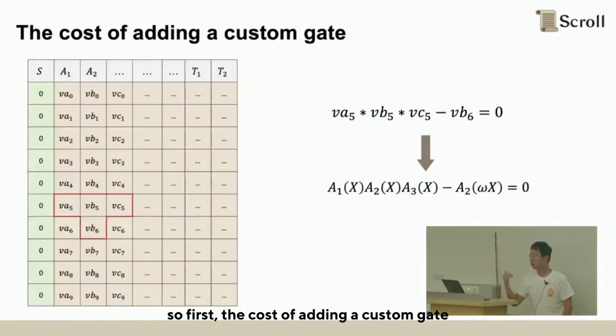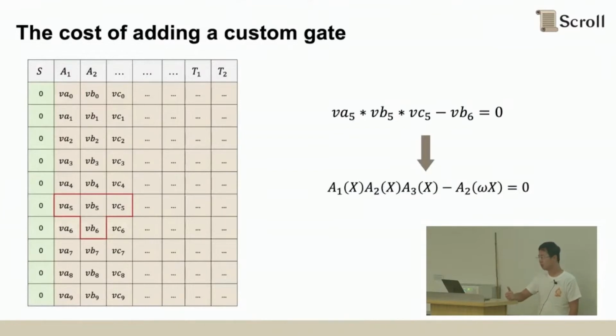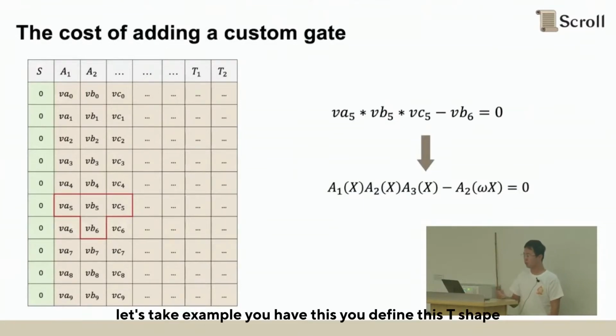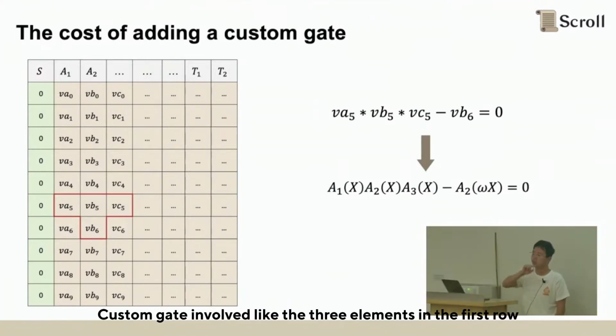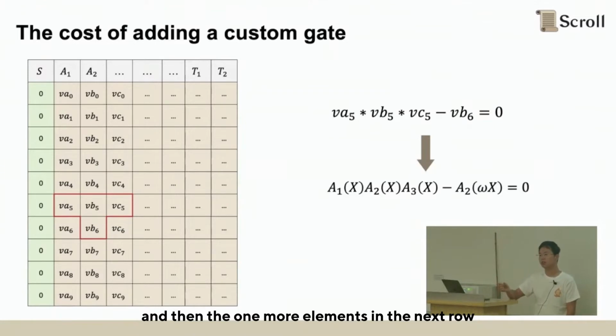First, the cost of adding a custom gate. Let's take an example. You define this T-shaped custom gate involving 3 elements in the first row and 1 more element in the next row.